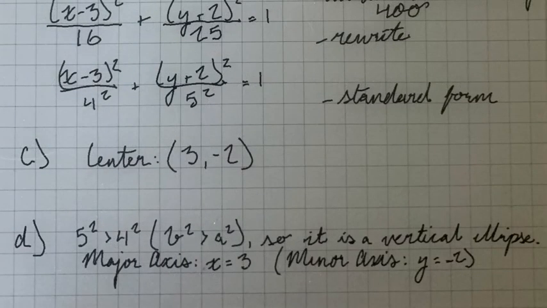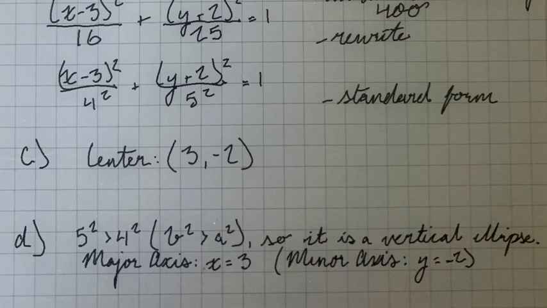Now that we have the equation in standard form, we can easily look at the left side and determine what the center of the ellipse is. The x-coordinate of the center will be subtracted from the x variable in the left fraction, and the y-coordinate for the center is being subtracted from the y variable in the right fraction.